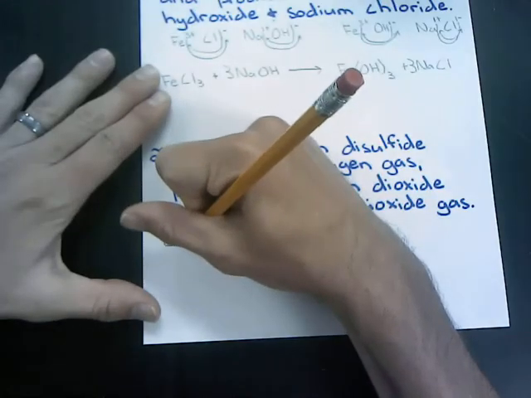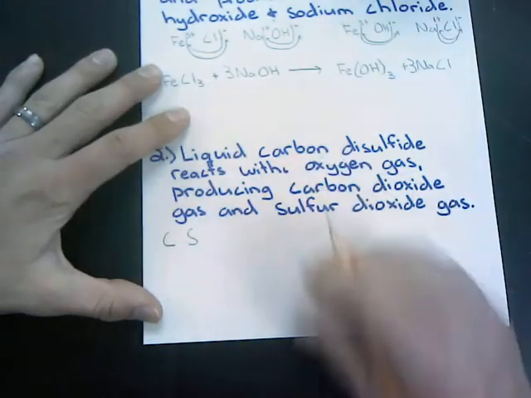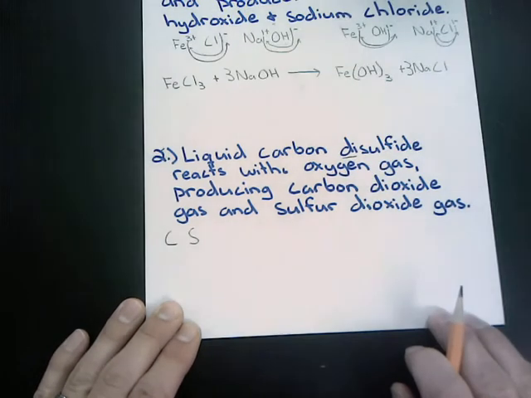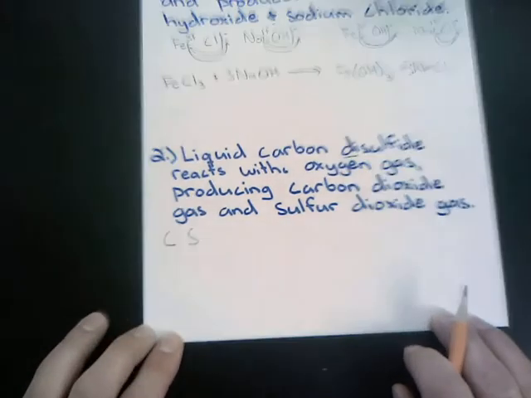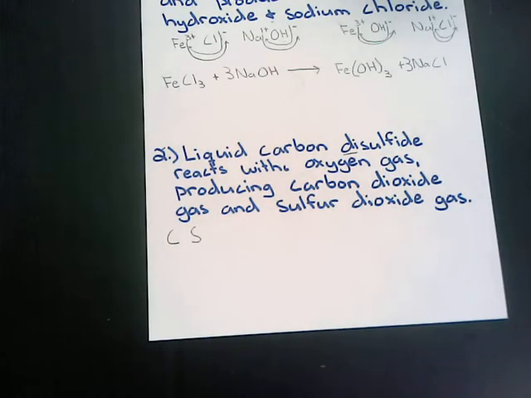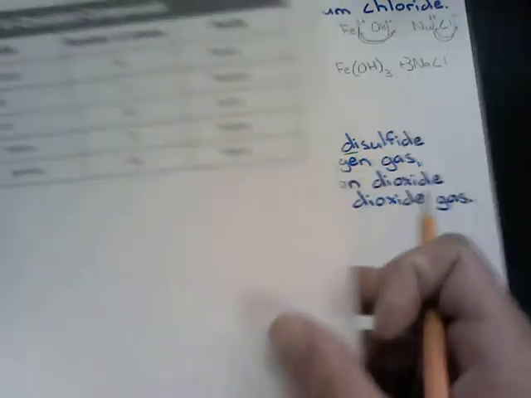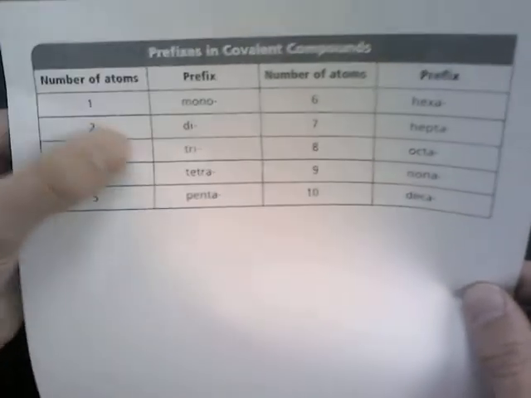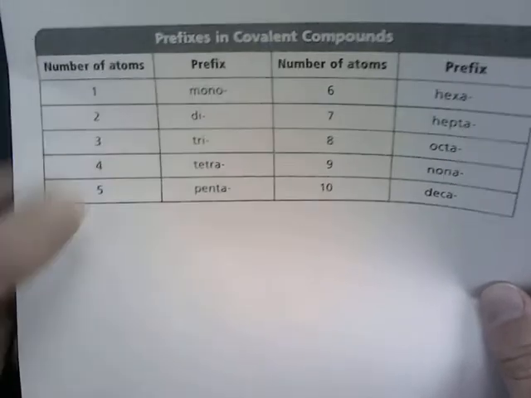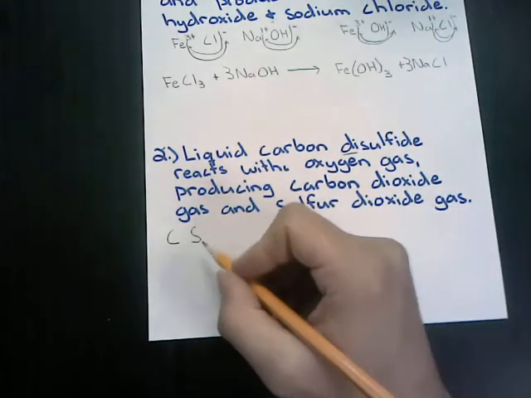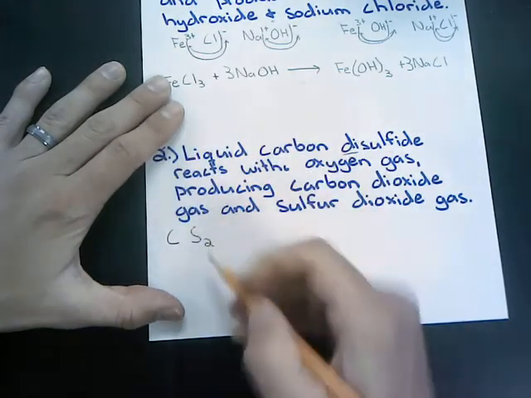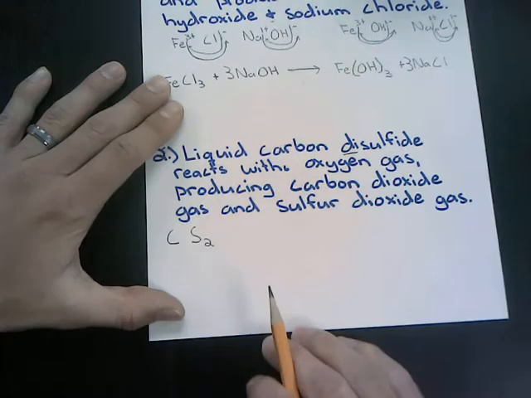And then what's really nice about covalent compounds is that the prefix out in front represents how many of that particular atom we have. So if you look back on your prefix chart for covalent compounds, you notice the prefix di represents 2 atoms. So for our sulfur, we need a subscript of 2 to represent that di.